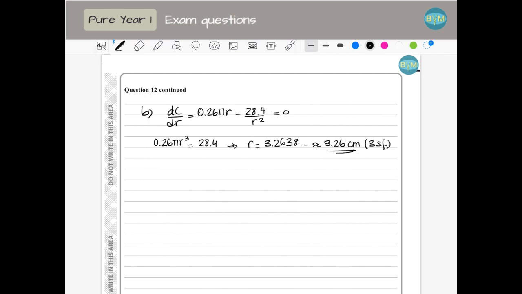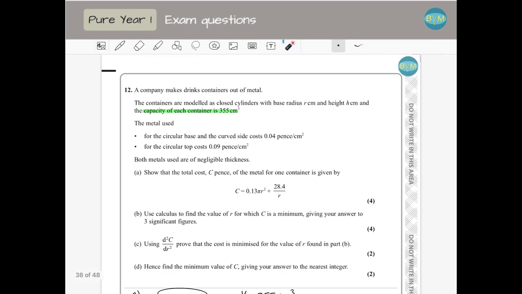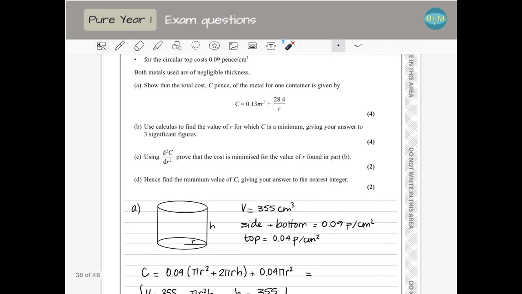Remember to give units when you are given units. If you have a modeling question, when you give a number, give your answer with units.